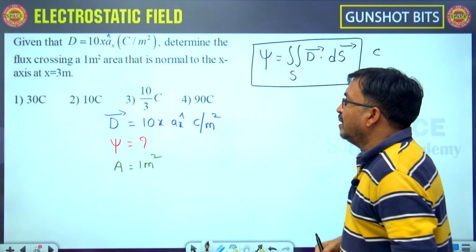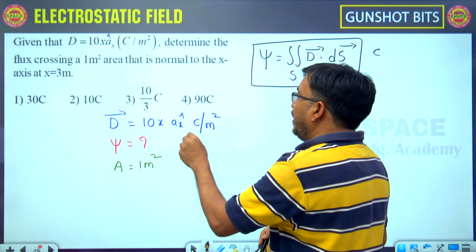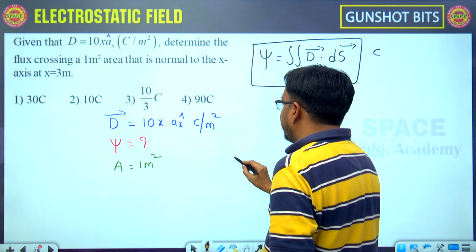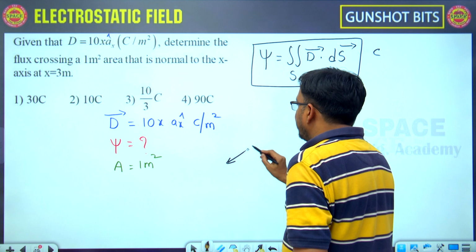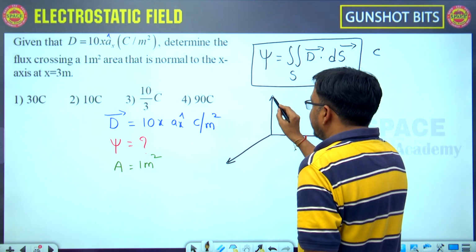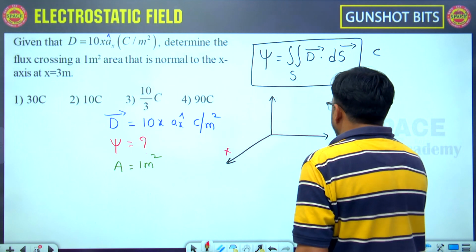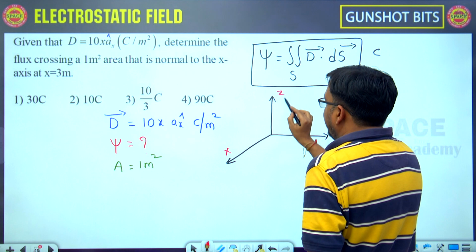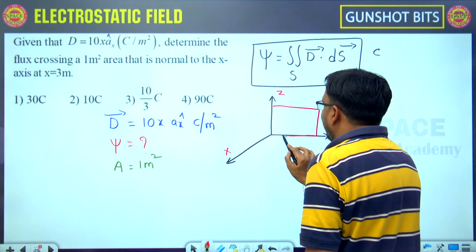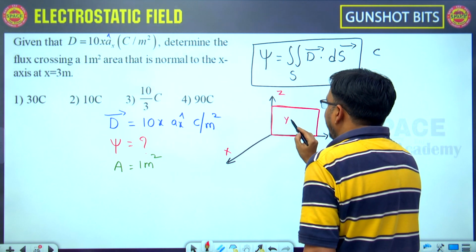Now I am substituting the given data, but before that he has given one condition that the area is normal to the x-axis. If I consider this figure, this is the x-axis, y-axis, z-axis, an orthogonal coordinate system. When it is normal to the x-axis, that area is on the YZ plane.